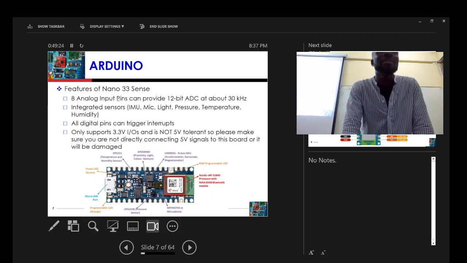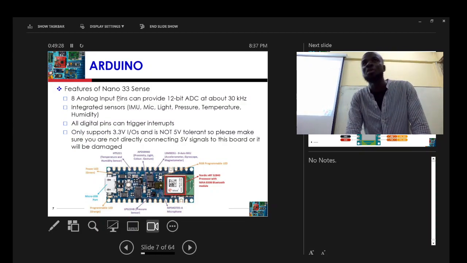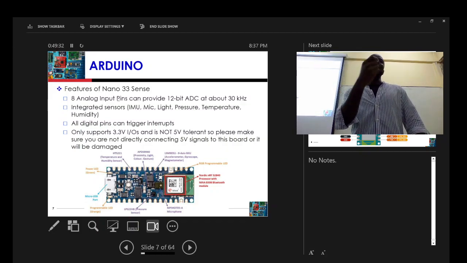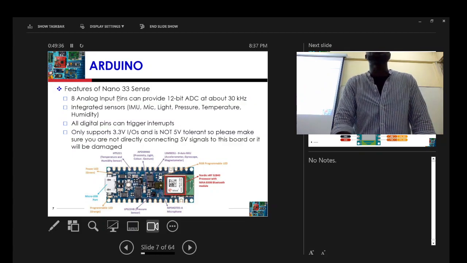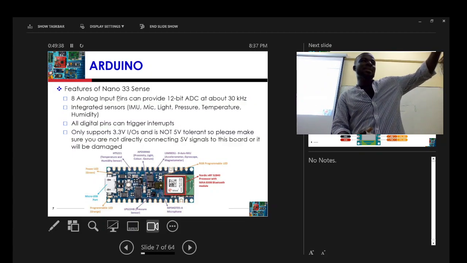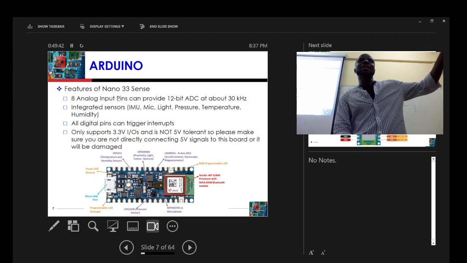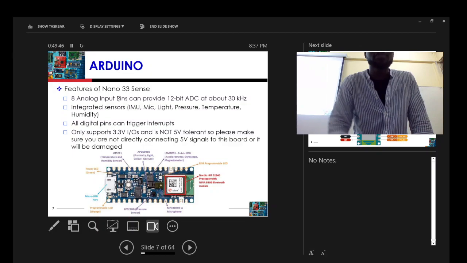Input or output? They are input. The LED serves as an output. The analog pins are taking a signal and giving it to the microprocessor. So you don't connect the LED to the analog pins, just the digital pins. Understood?